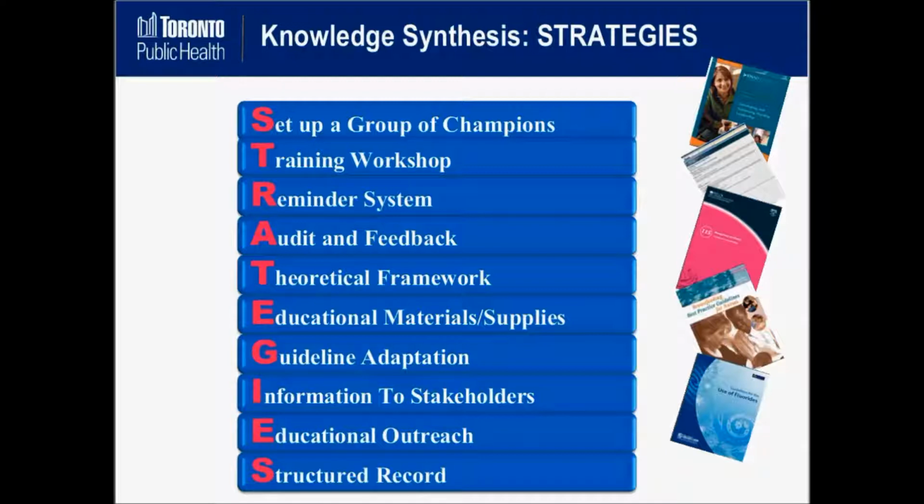So what we did is the champions went to different teams to train them on the policy, to train them on the best practice guideline, as well as to train them how to document in our electronic data, and then conversely how to document to the inquiry system.